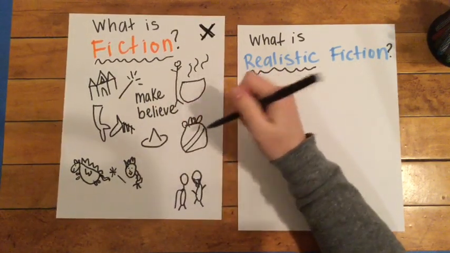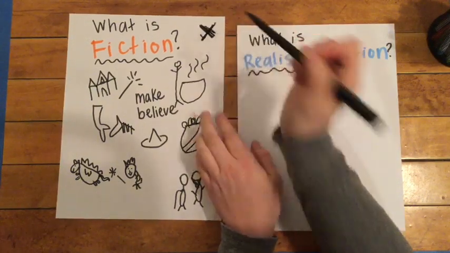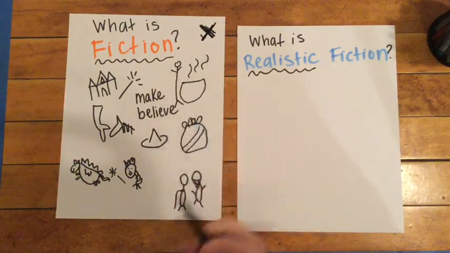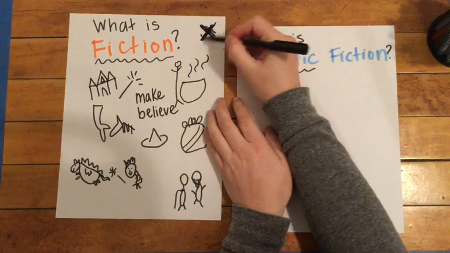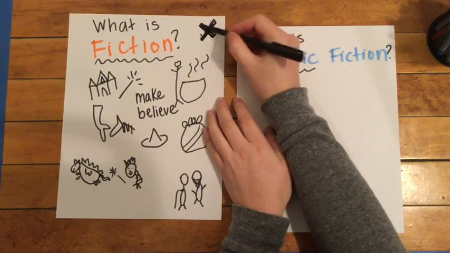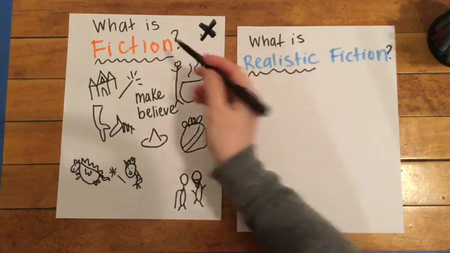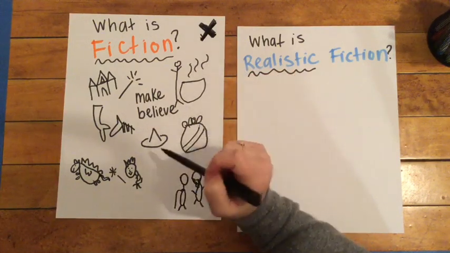Could that happen in real life? No, that could not happen in real life. And in The Twits, they shrink down to become invisible. Could that happen in real life? No way. That could not happen in real life. So, fiction stories are some of our favorite stories, but they could not happen in real life.